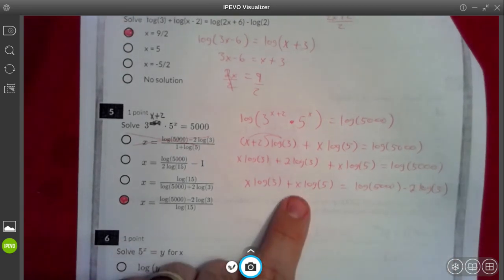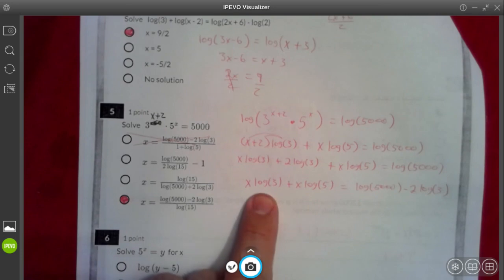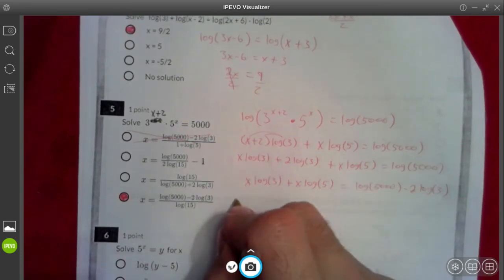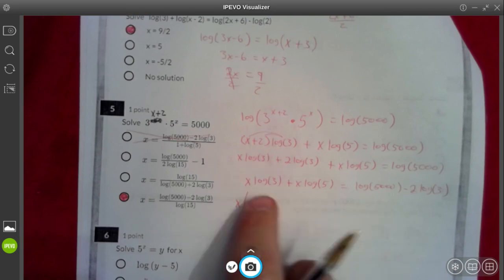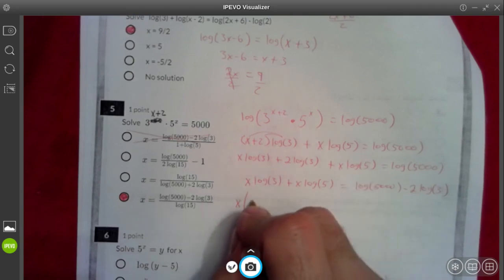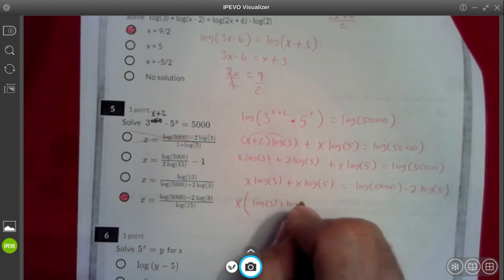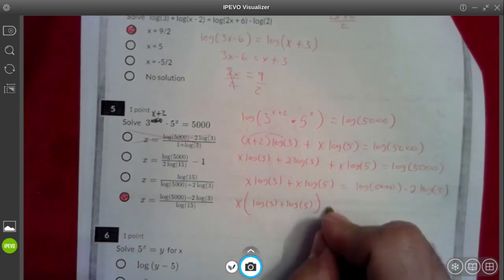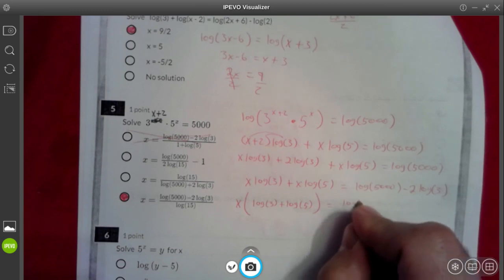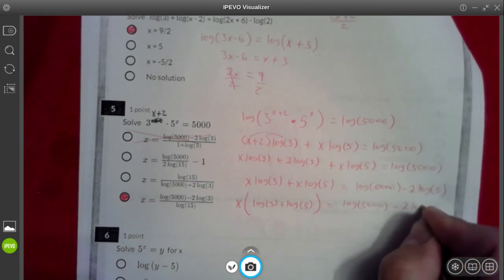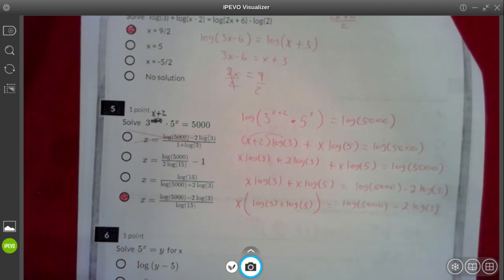All right, here's the tricky part. When you have two x's like this, you're going to have to factor out an x. All right, we're going to factor out an x from both of these, and that's going to give us log 3 plus log 5 equals log 5,000 minus 2 log 3. All right.